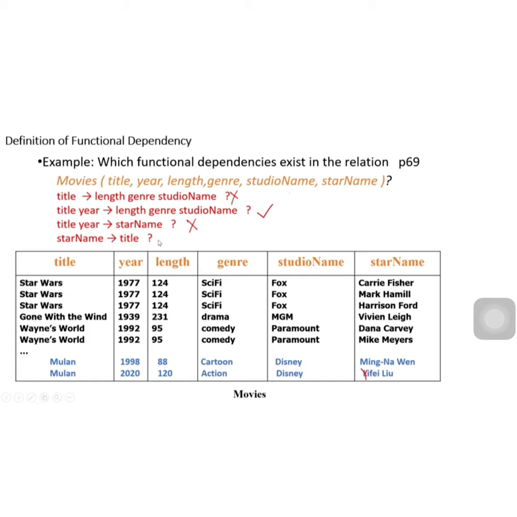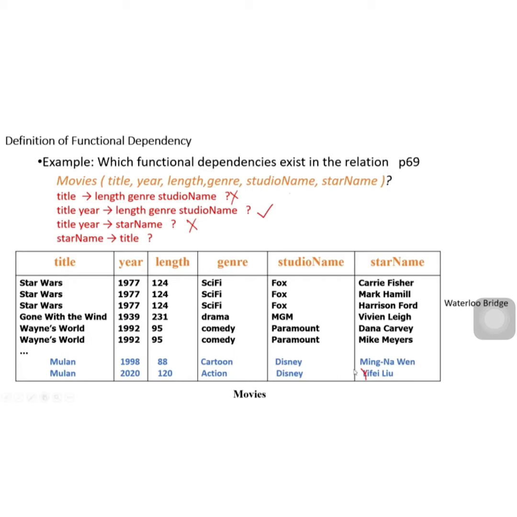No, because if we want to assert an FD, we must consider all possible tuples. For example, Vivien Leigh. Waterloo Bridge is a very famous movie, and Vivien Leigh acted in this movie.